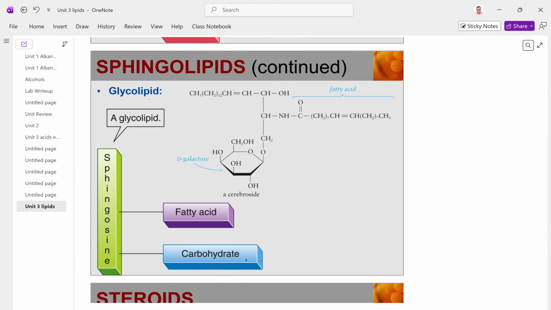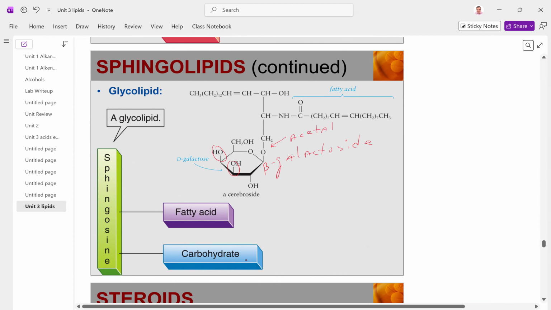For example, here we've got galactose, and it happens to be a beta galactoside because the OH group here is going up. It is not a reducing sugar because there's no hemiacetal. There's a full acetal here. And this is a good test question for test 2. Anyway, so we can have lots of combinations here.